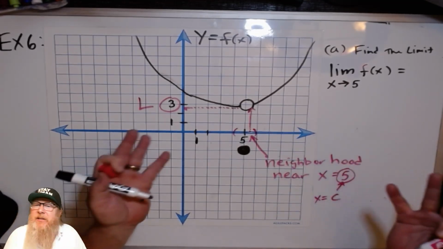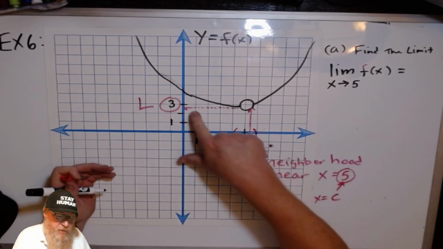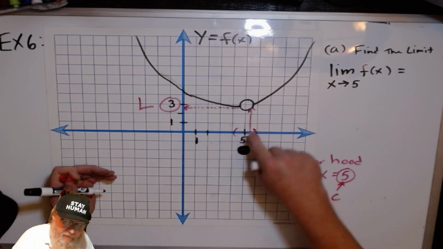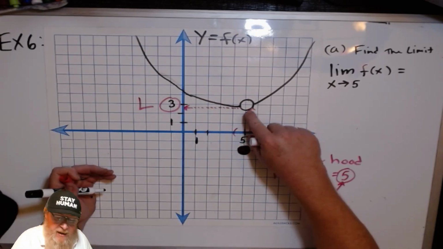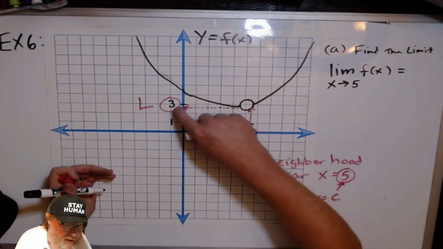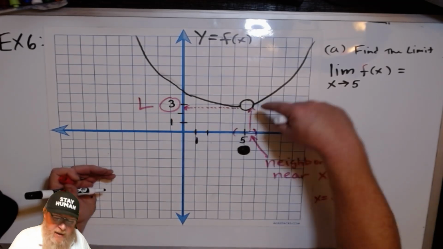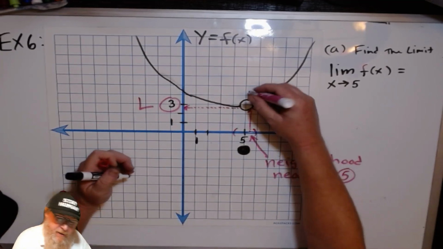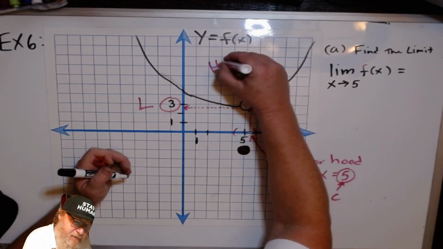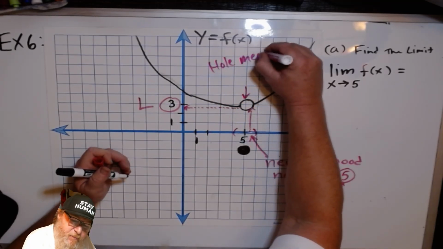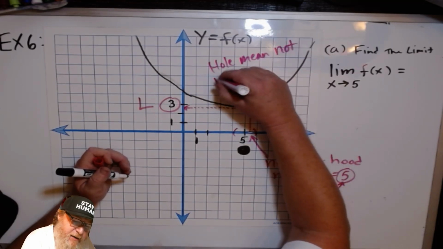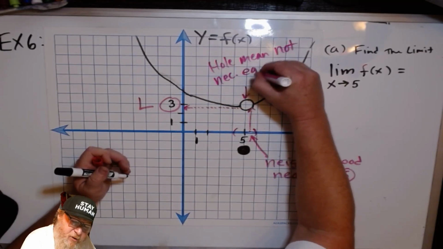And you can see intuitively what we're saying, right? If you are very close to 5, then this graph is very close to 3. But there's a hole here, and the hole means not necessarily equal to.